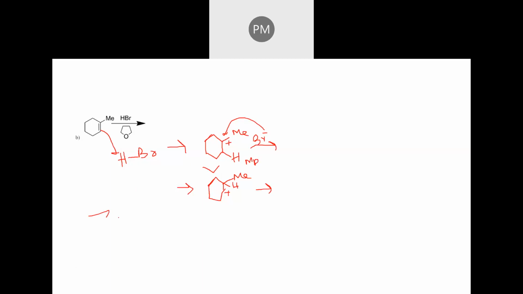Stability of the carbocation. The one with the higher carbocation stability will give your major product, and the less stable one will give your least product.